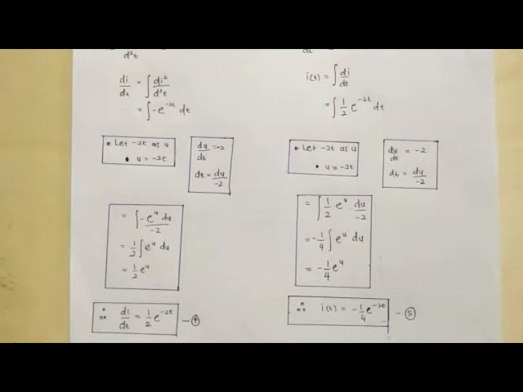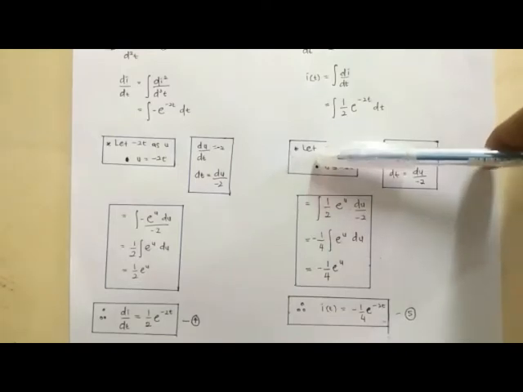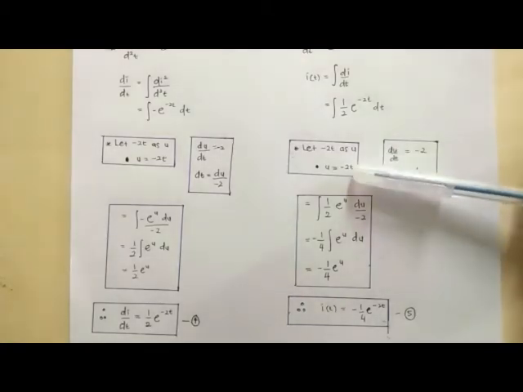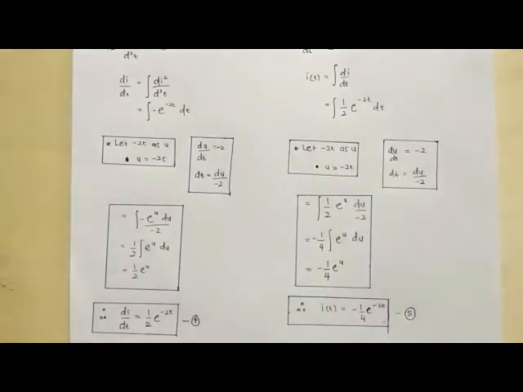Then we need to perform the integration by substitution on this equation. As you can see, the process of integration by substitution is still needed, which is process 1, second process, third process, and the final process. The first process is make appropriate choice of u. I still use u as negative 2t, and then find dt by computing du over dt.